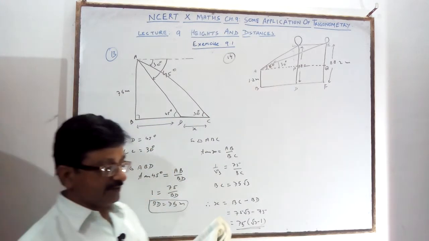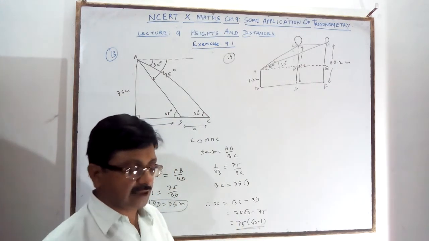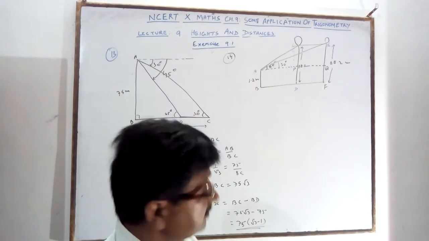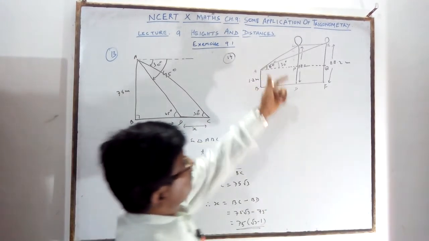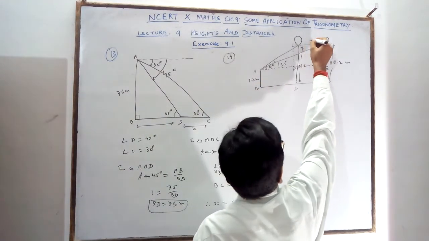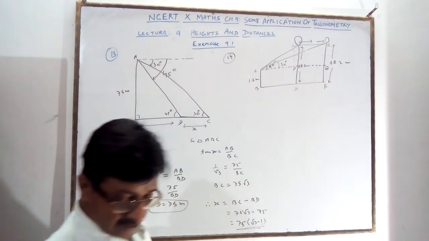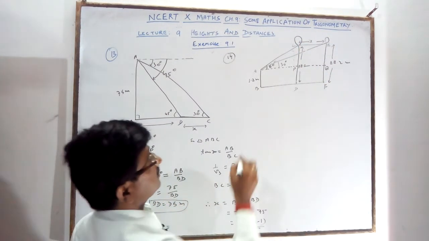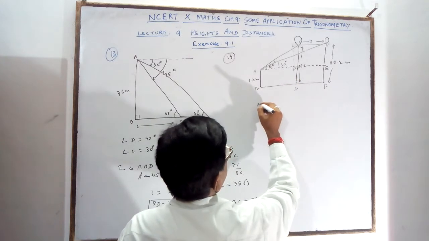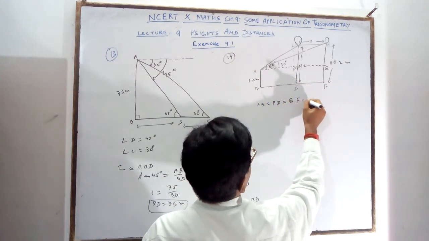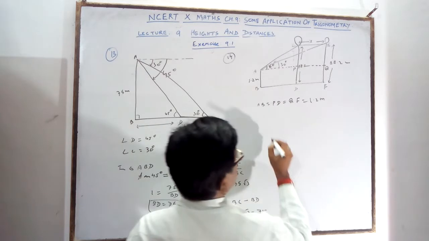Your question is: find the distance traveled by the balloon during this interval. You want to find this. Very simply you can do it. AB is equal to PD is equal to QF is equal to 1.2 meters.